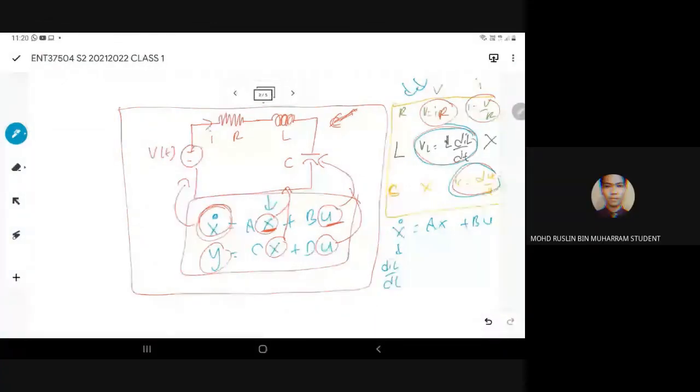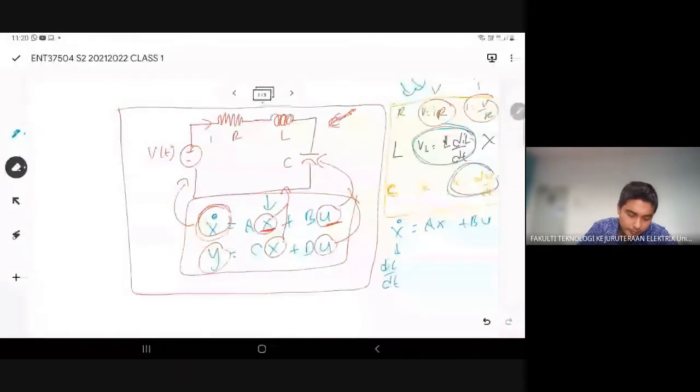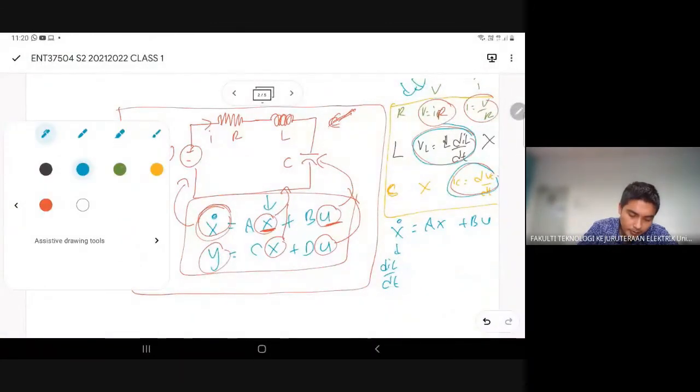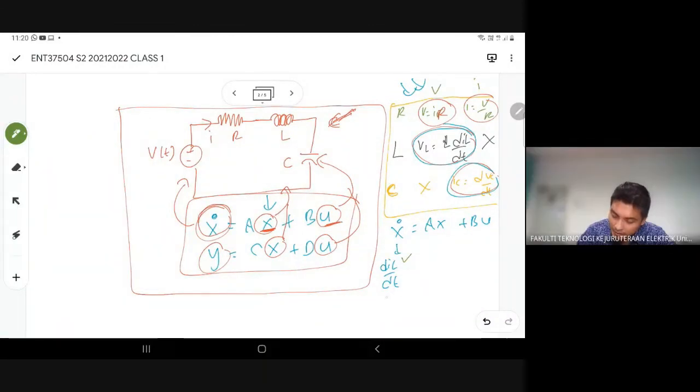The second is dVC over dt. So you have already collected all the x dot parameters here.